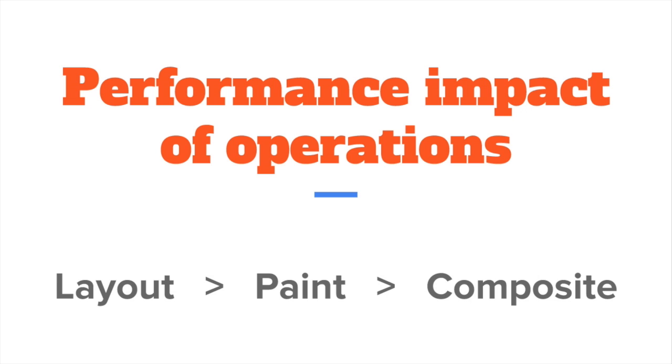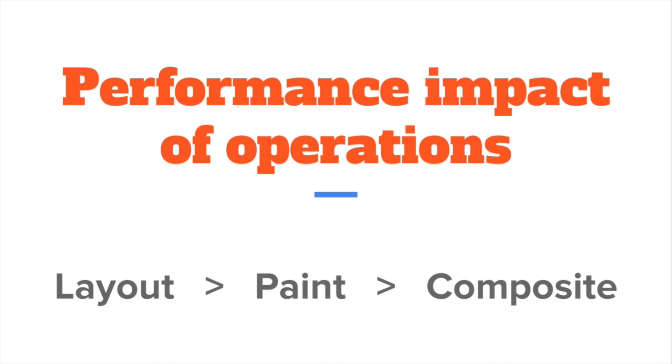So this is the order of the performance impact of the different operations in a pixel pipeline. The most expensive operation to perform is layout, followed by paint, and followed by composite. The reason is that layout triggers paint and composite as well. Paint triggers itself, but composite as well.